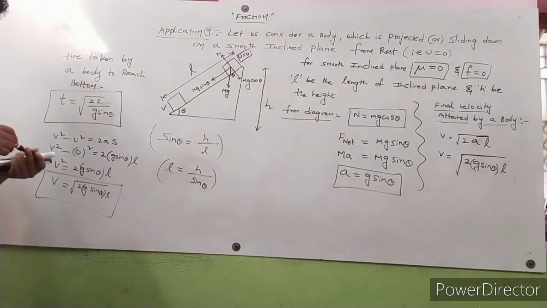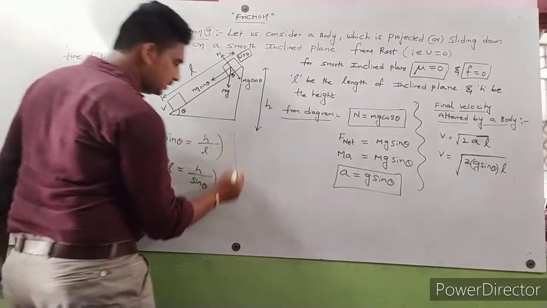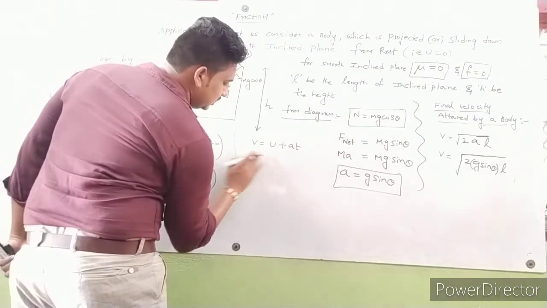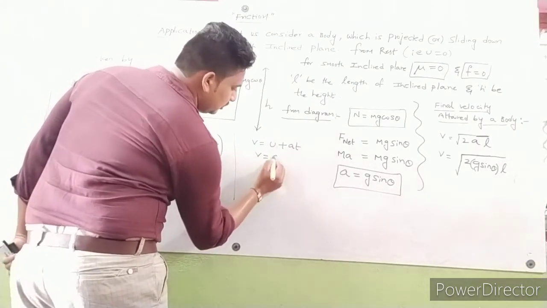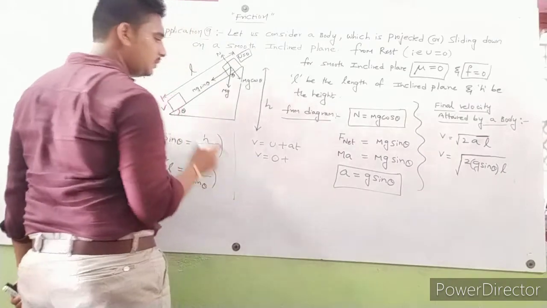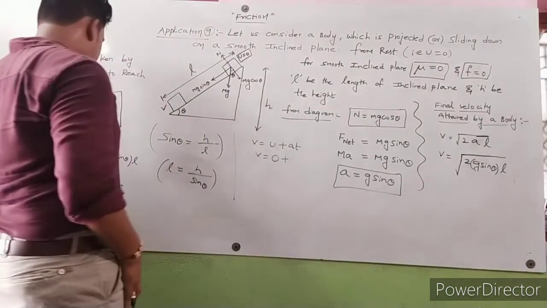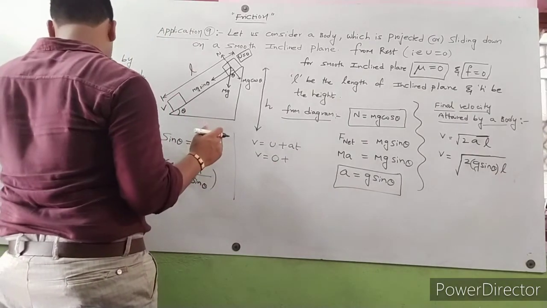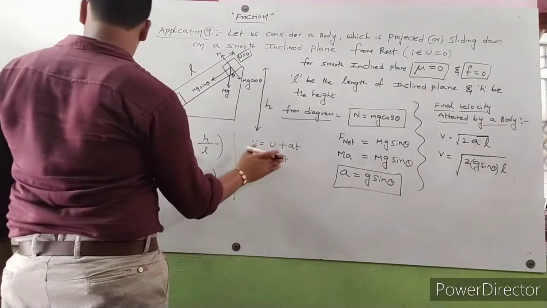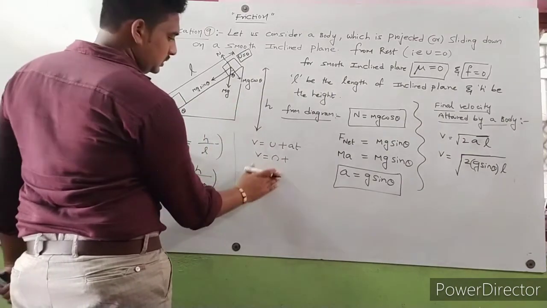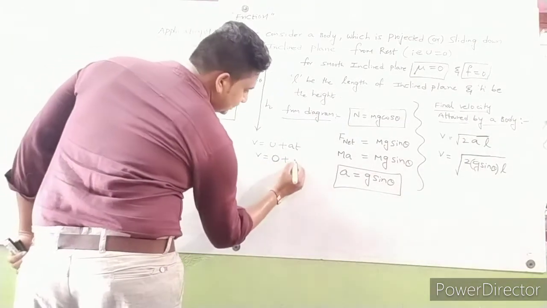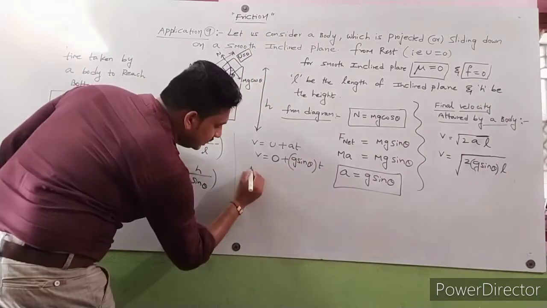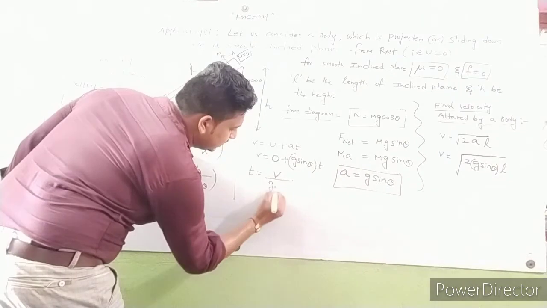What is the derivation for T? V is equal to U plus aT. V value is V only, U value is 0, and acceleration is g sin theta, into T. So then T is equal to V by g sin theta.